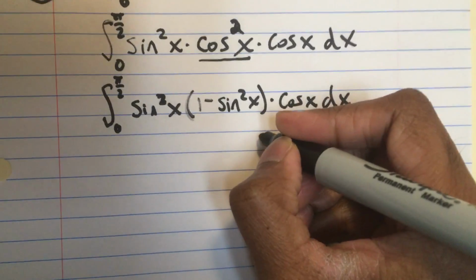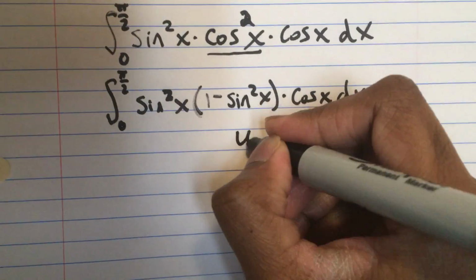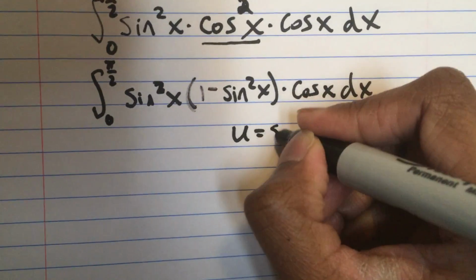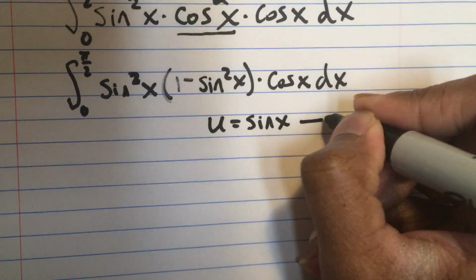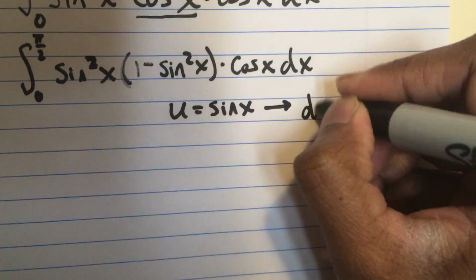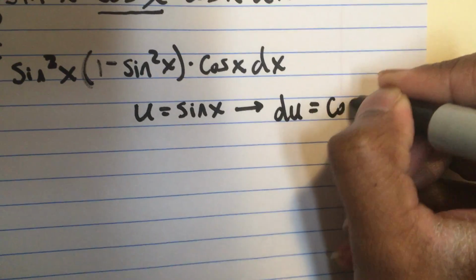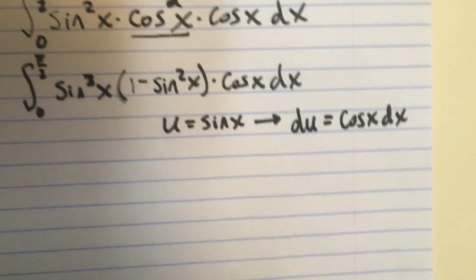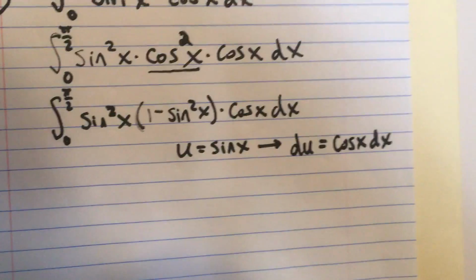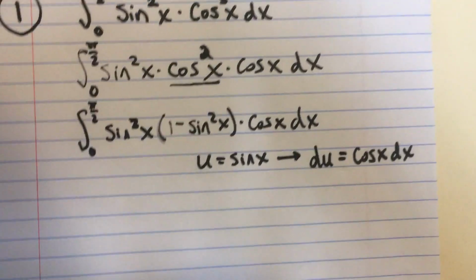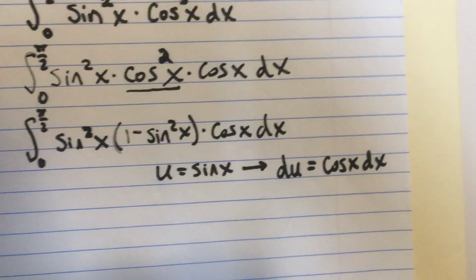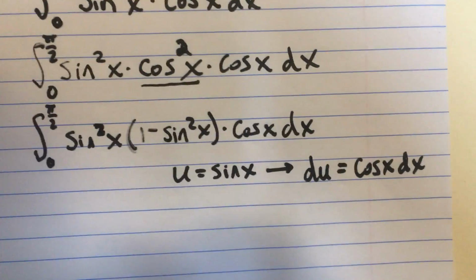I'm going to set u to equal sine x. So that means my du is going to equal cosine x dx. We could have rewritten everything where u is cosine, but that would give us a negative du.